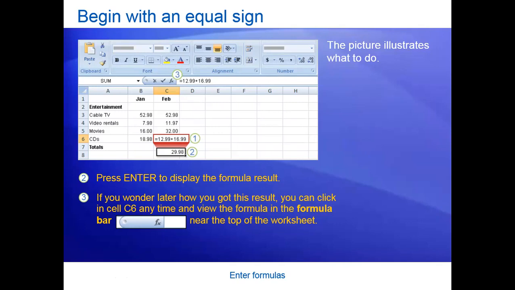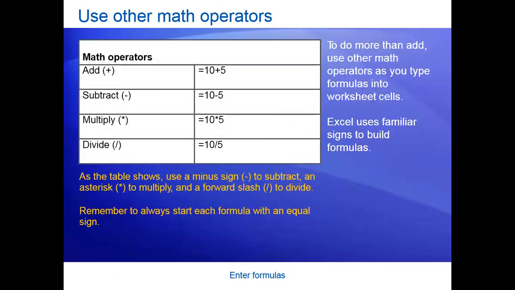Begin with an equal sign. Use other math operators. Ano pa ba yung mga ibang math operators na pwede natin gawin? To do more than add, use other math operators as you type formulas into worksheet cells.